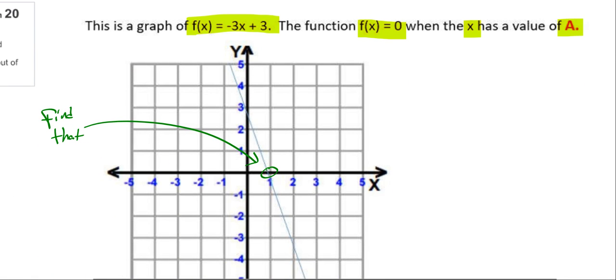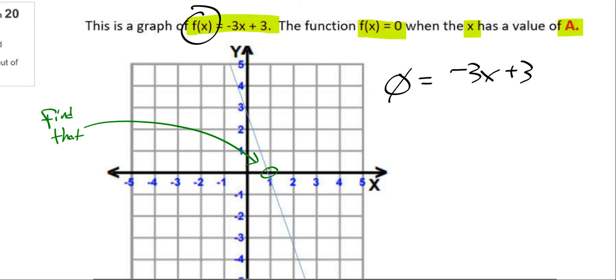Next, this is a graph of f of x equals negative 3x plus 3. The function f of x equals 0 when x has what value? So this is saying f of x is equal to 0. 0 equals negative 3x plus 3. What value of x makes it true? So solve for x.